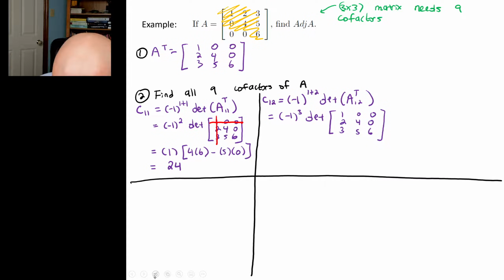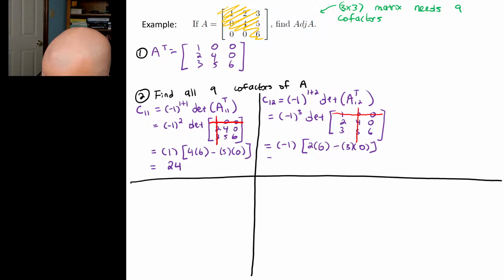Okay, and this time we are eliminating row 1, column 2, and taking the determinant of what's left. So we're going to have negative 1 multiplied by 2 times 6 minus 3 times 0. So I'll have negative 12 for that cofactor.